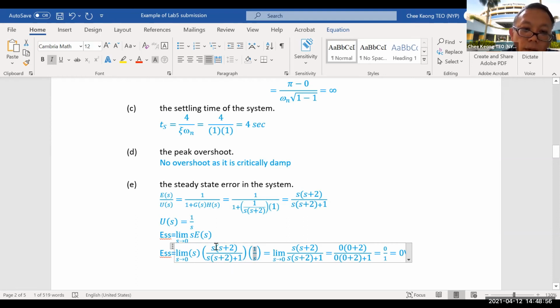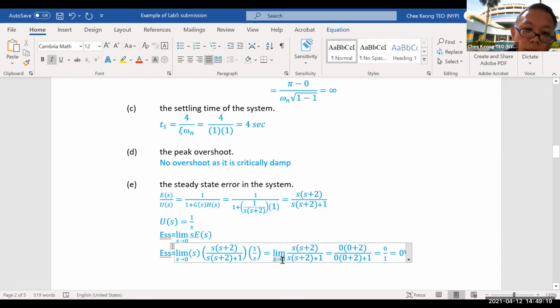Now if you multiply them, the 1 over S here will cancel with your S term. Also, S cancels with S, so basically you are left with this term here.